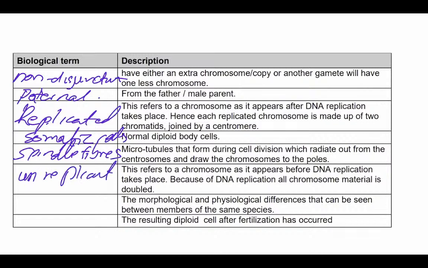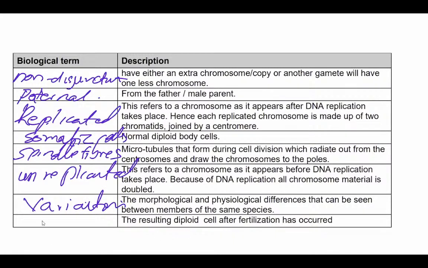Then the morphological and physiological difference that can be seen between the members of the same species, the difference among organisms of the same species. So we call it variation.